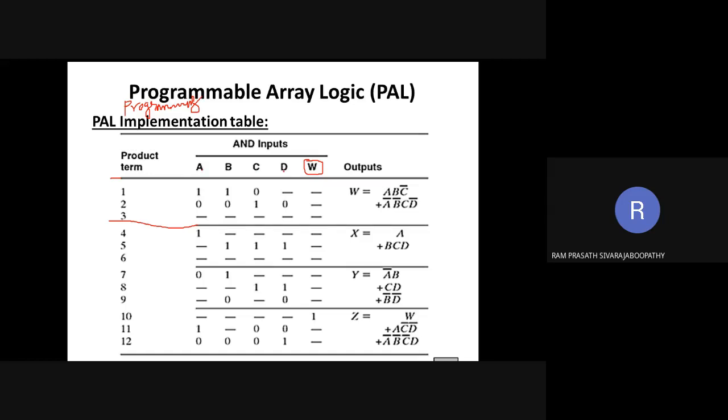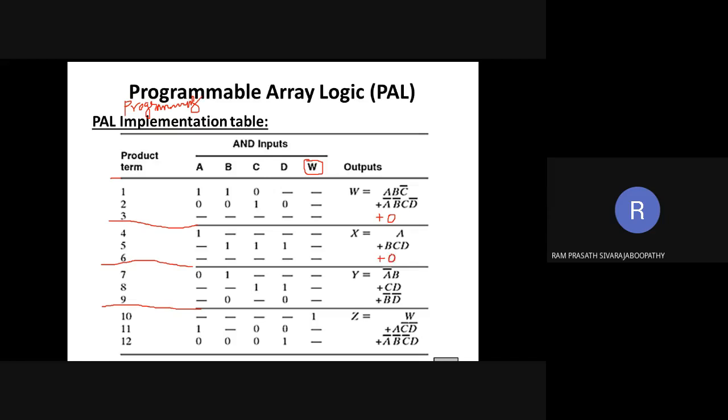A, B, C, D are the actual inputs, and w is nothing but the output of the first function. Each function is having three terms. The first one is A, B, C bar, plus A bar, B bar, C, D bar. So here we are having plus 0. You assume like this, so that you can understand.